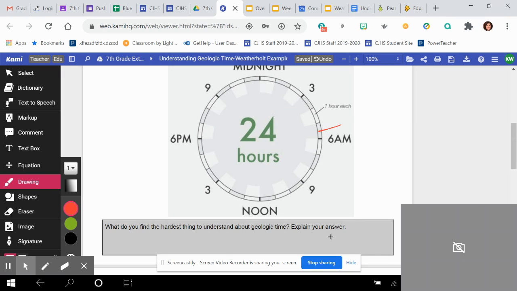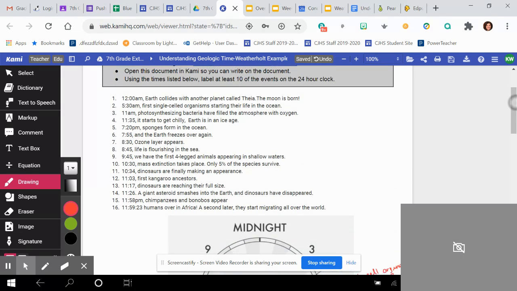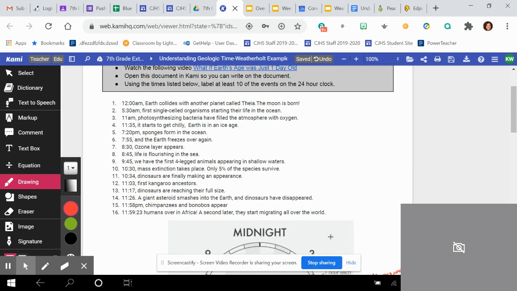I would write "single-cell organisms in oceans." You can choose to write that out, or if you would rather type it, that is fine too. But I have just marked this one right there.